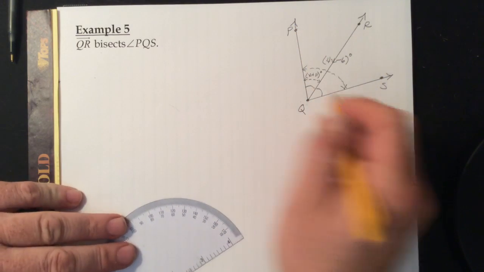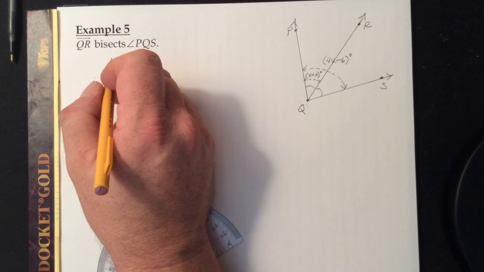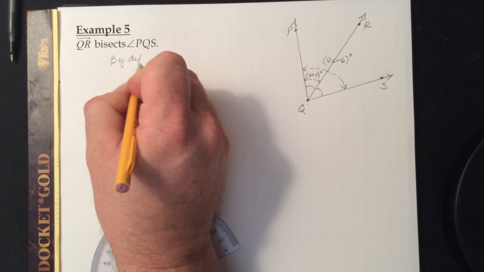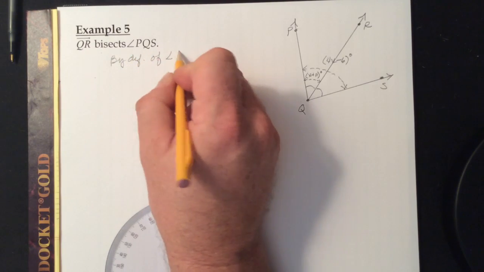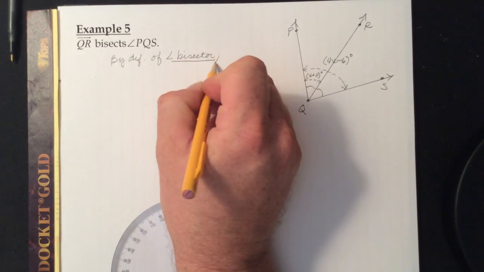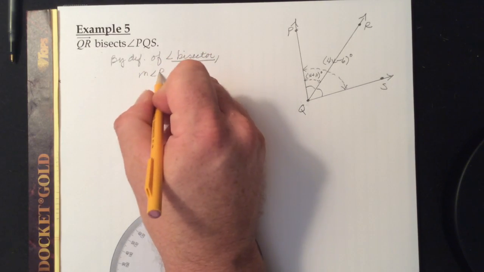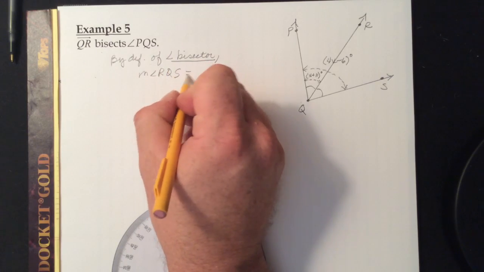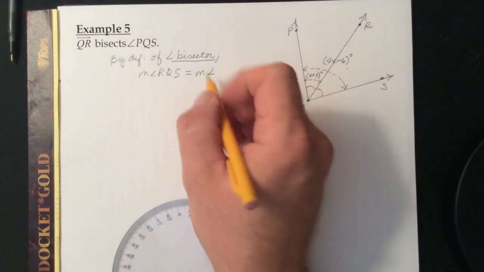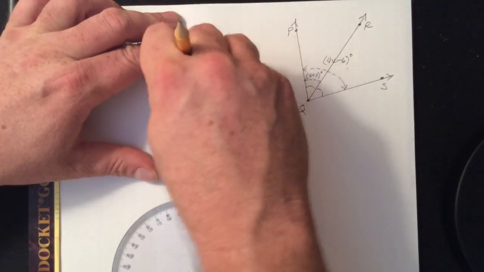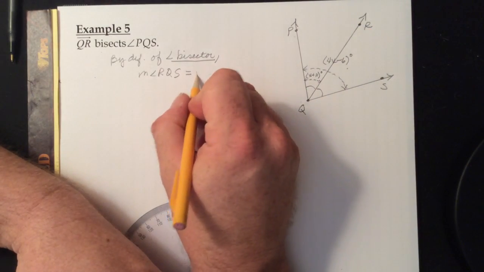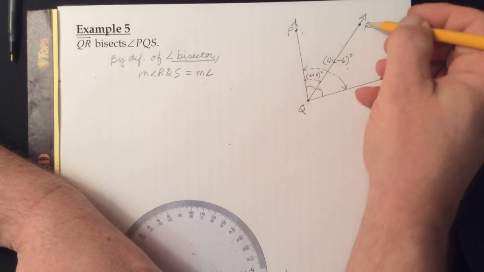So before we do that, let's go ahead and make a statement. By the definition of angle bisector, the measure of angle RQS is equal to the measure of angle PQR.